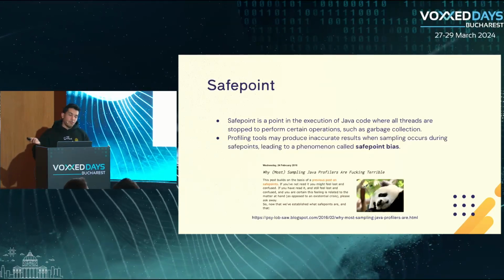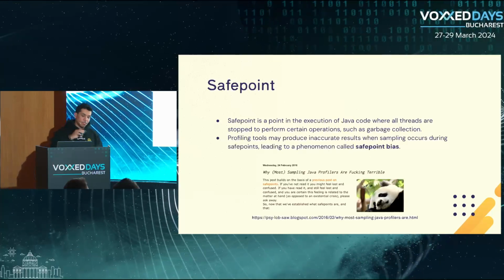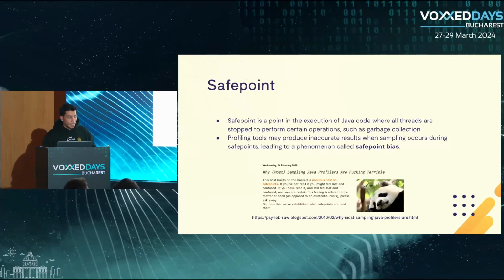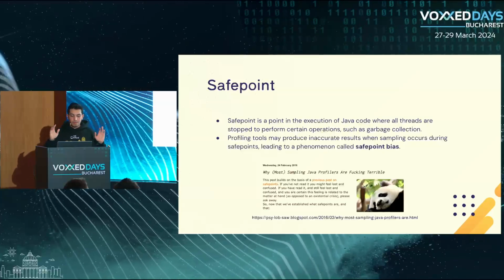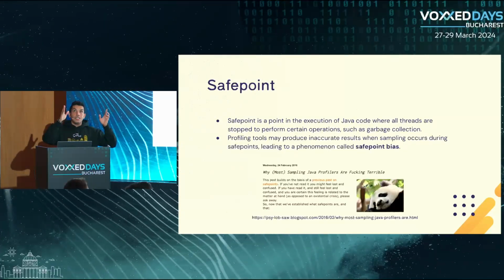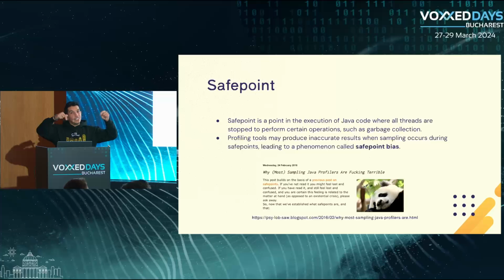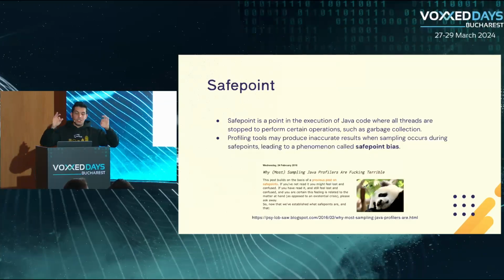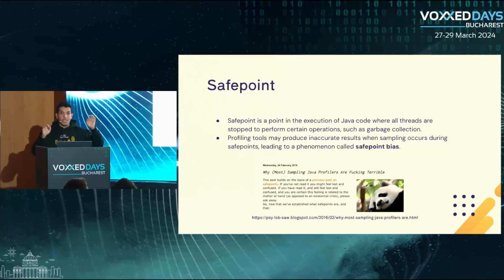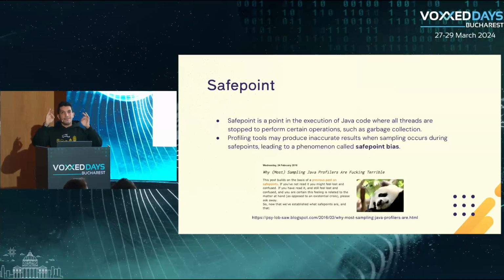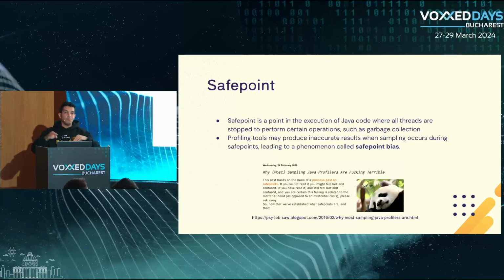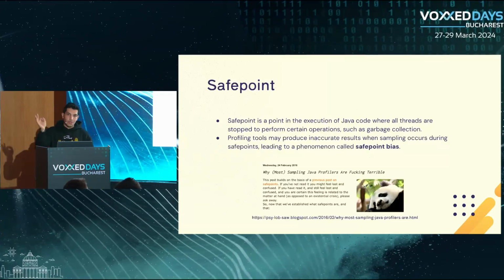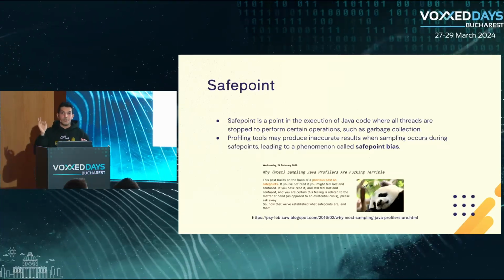And then safepoints. Let me start with what a safepoint basically is. When you're running your Java application, the JIT compiler adds what we call safepoints, basically checkpoints in your application that tell the JVM it's actually safe to run some work, be it stack traces, garbage collection, or whatever.